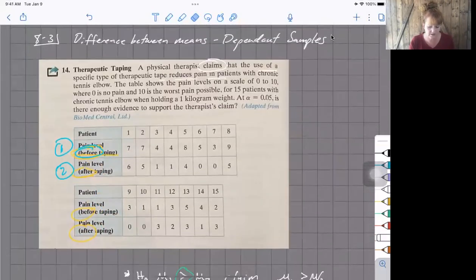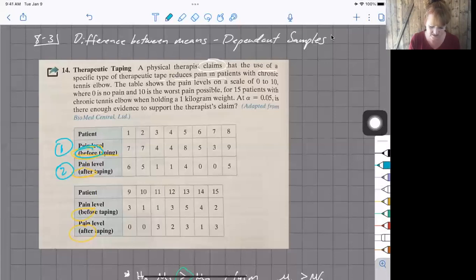So now what do we do with this? Well, as I scan through this problem, I'm seeing that, let's see, the table shows the pain level, scale of 0 to 10. I've got 15 patients, and I've got an alpha value. What I'm not seeing is a population standard deviation.